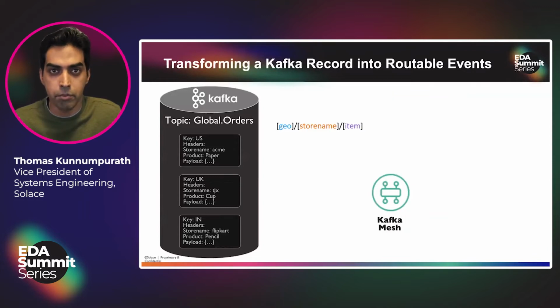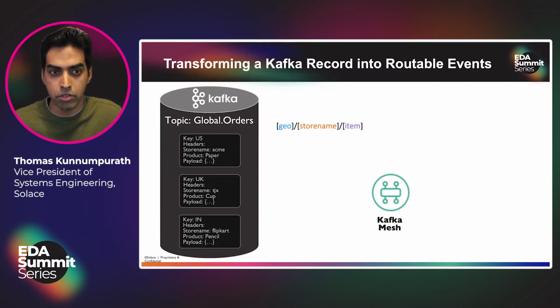Before we get into the demo, what I'd like to do is just go over a key concept of the Kafka mesh. That is really how Kafka records get translated into routable topics. So let's take, for example, a Kafka cluster that contains global orders for a retail conglomerate. This Kafka cluster is ordered by keys, and the keys in this case are the geographies that these stores belong to.